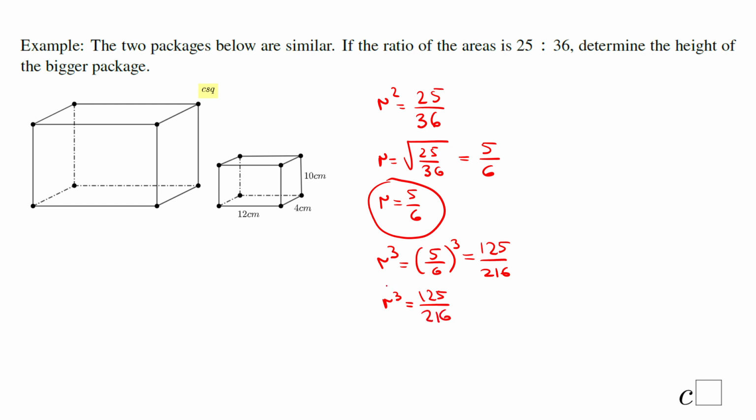We're able to get r and then r cubed. Moreover, if I need to find the sides, I can use this r now and get each side. I can get this side, this side, this side, because they follow the same scale factor of r.